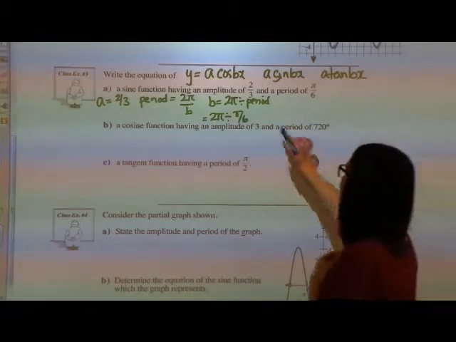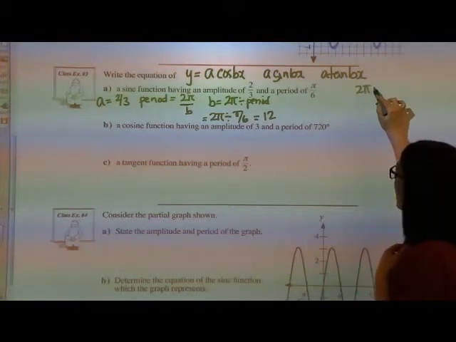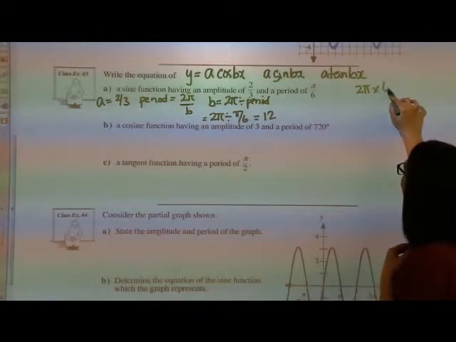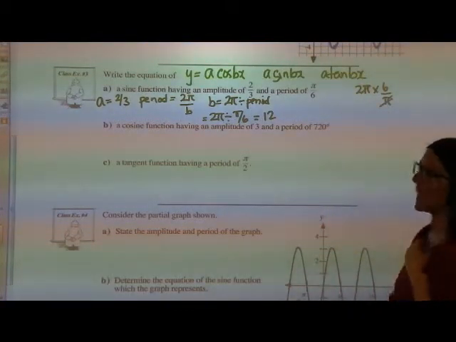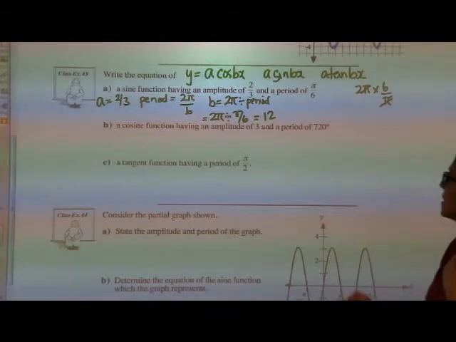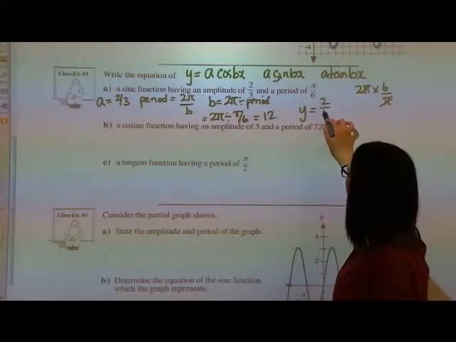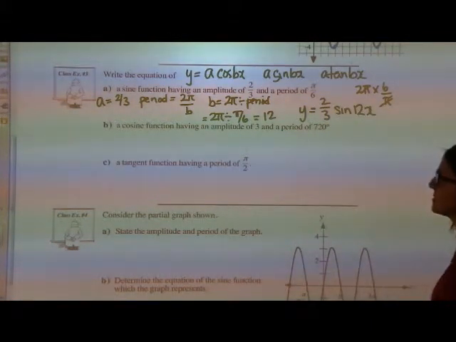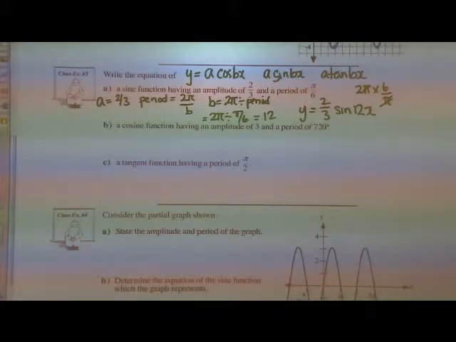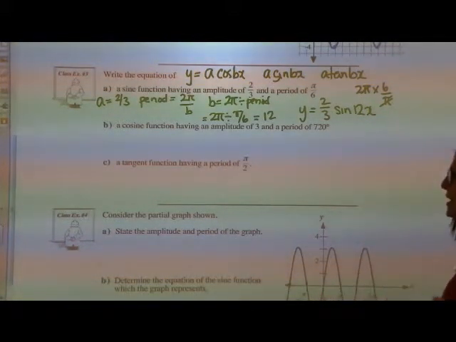I get 12. 2 pi divided by pi over 6 becomes multiplied by 6 over pi. Pi's would cancel, 2 times 6. So then my equation becomes y equals 2/3 sine 12x. So see if you can determine the equations for b and c.